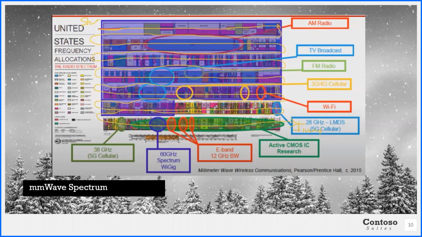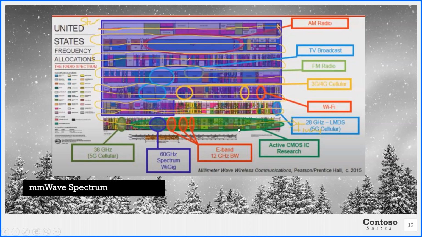Okay, here we have the millimeter wave spectrum. The millimeter wave is located in the high spectrum bandwidth, which is the green area here.